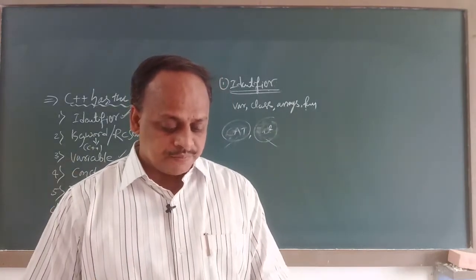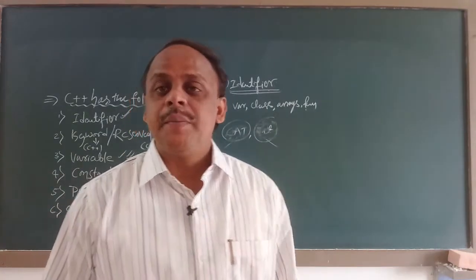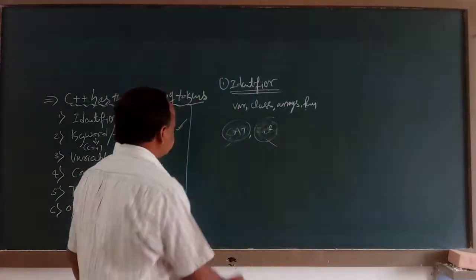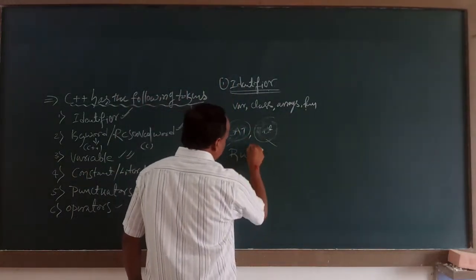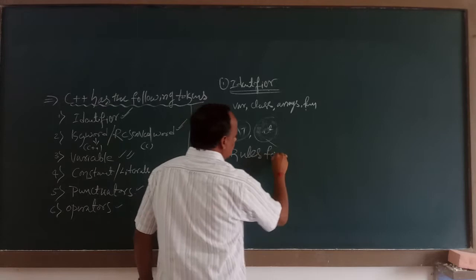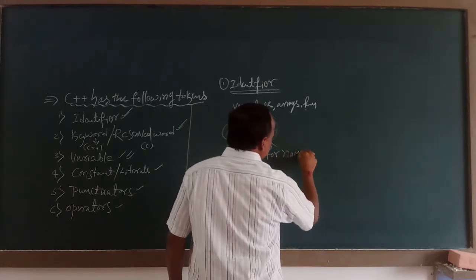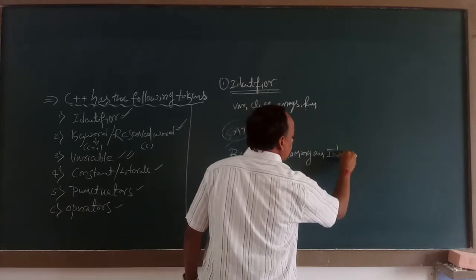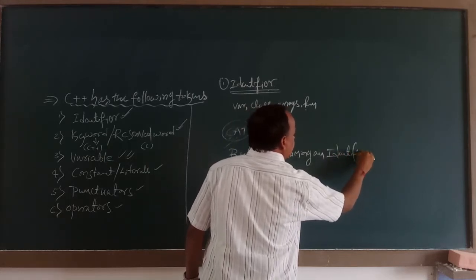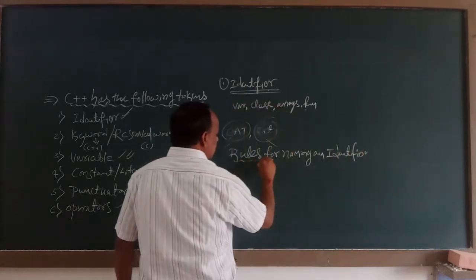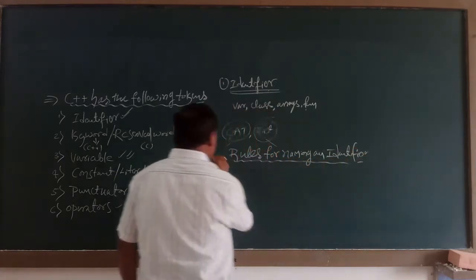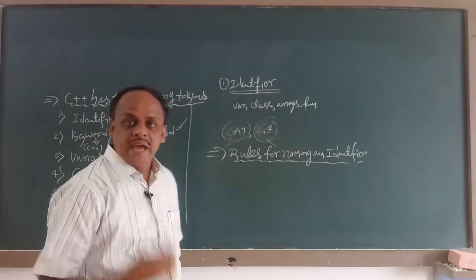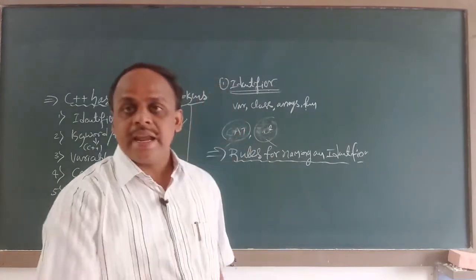Now let us see the rules for naming an identifier. Right? Rules for naming an identifier. What are the rules we have to follow when naming an identifier?